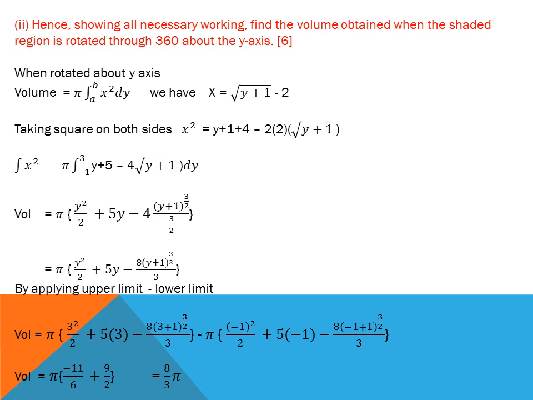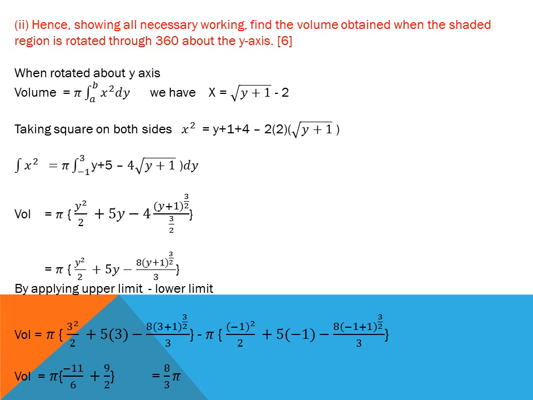Hence, I applied the limits. The upper limit is 3, which is shown in the diagram, and the lower limit is minus 1. So I place 3 in place of y: 3 square over 2 plus 5 into 3 minus 8 into 3 plus 1 to the power 3 by 2 over 3 by 2, minus, pi into, the lower limit, minus 1.